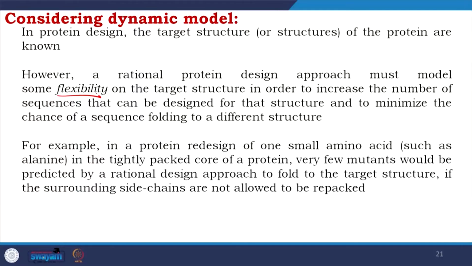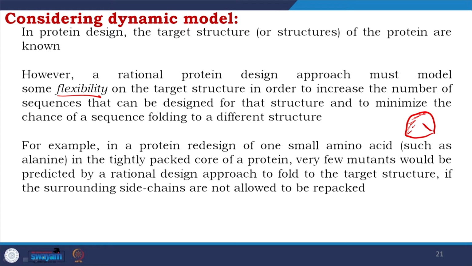For example, in a protein redesign of one small amino acid such as alanine in the tightly packed core of a protein, very few mutants would be predicted by a rational design approach to fold to the target sequence if the surrounding side chains are not allowed to be repacked. So, what I am trying to say, suppose you have a small amino acid and this is your structural periphery.